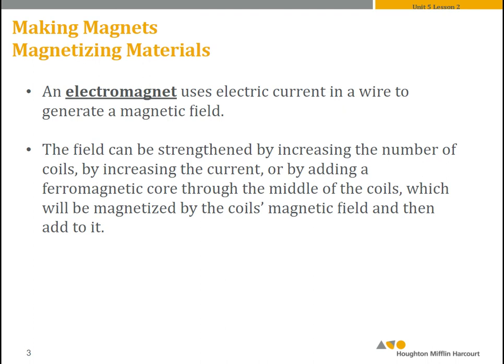Remember, increasing the current is going to increase the strength of the magnet because you're going to have a stronger magnetic field around the wire. Or you can add a ferromagnetic core, like an iron bar, through the middle of the coils, and then the core becomes magnetized, and you actually have a physical object that is a magnet that you can turn on and off.